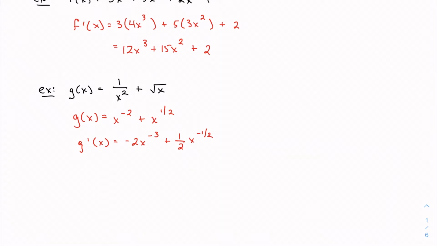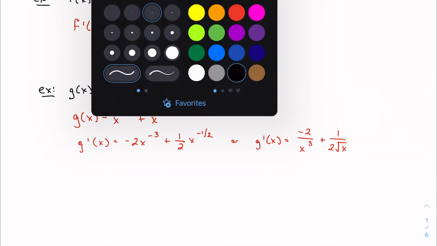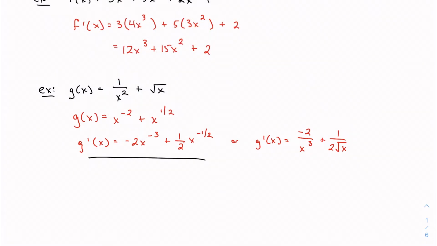To me, this is acceptable. In answer keys, you may see that they choose to rewrite it in fractions and radicals because that's the way you were given it to start with. I prefer, as I've said before, in calculus to stick with just exponents. So that's just me.